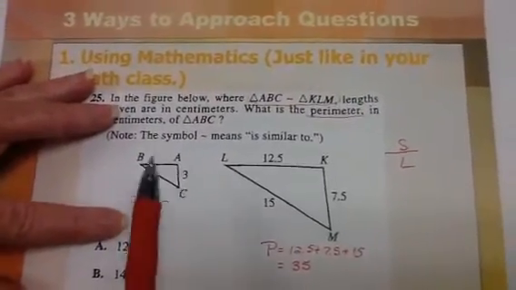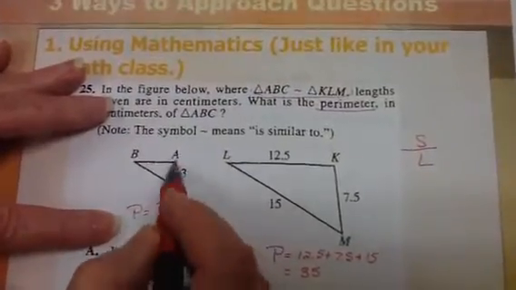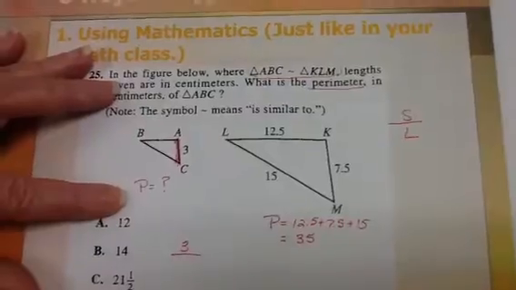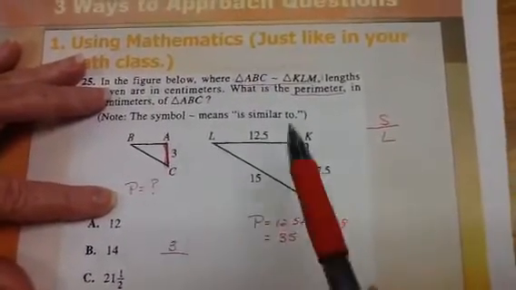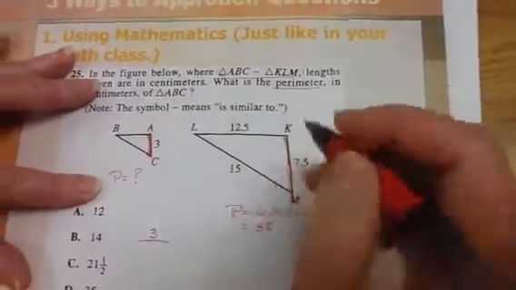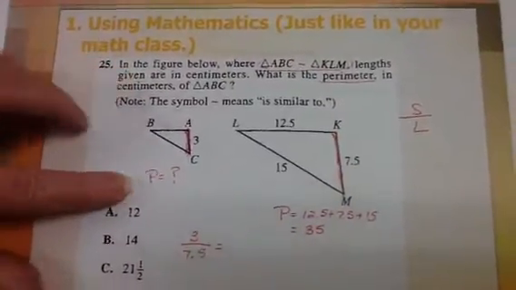So over on my small triangle, the piece of information that I have is this length of AC. So I'm going to put 3 down for that over my large triangle. So I want a corresponding side for that, and that's going to be KM. And that's 7.5. That has to be equal to.